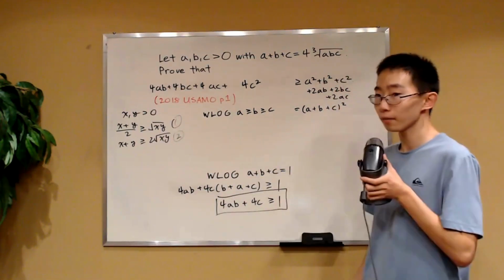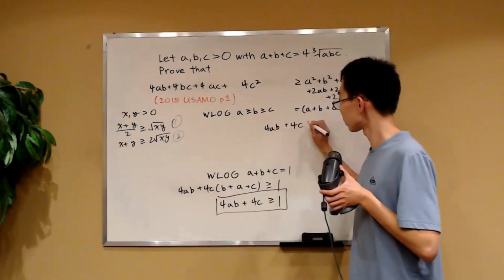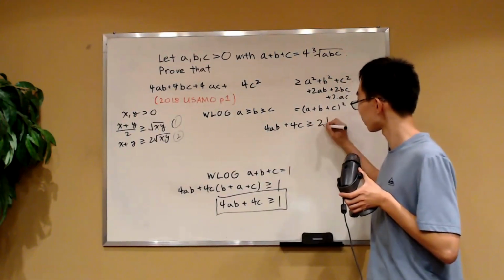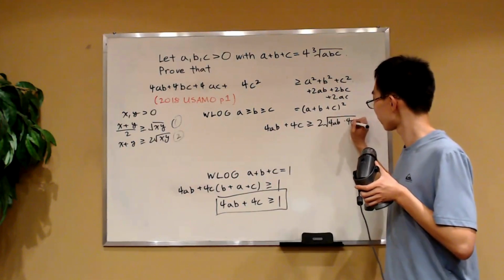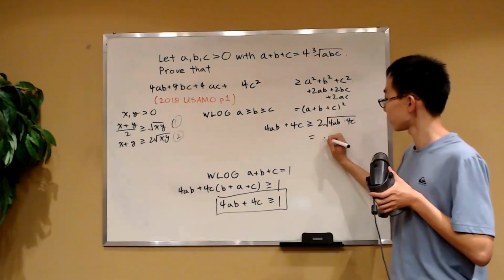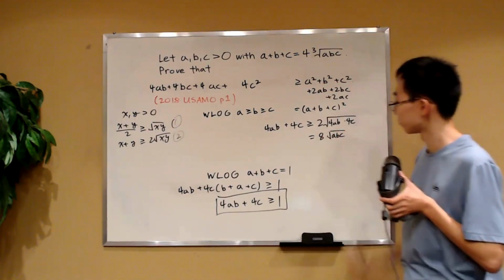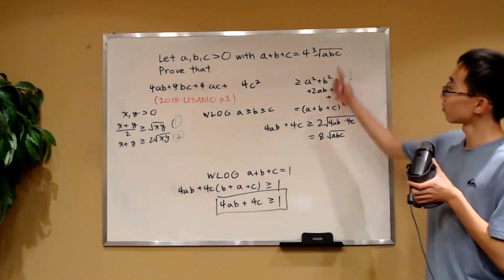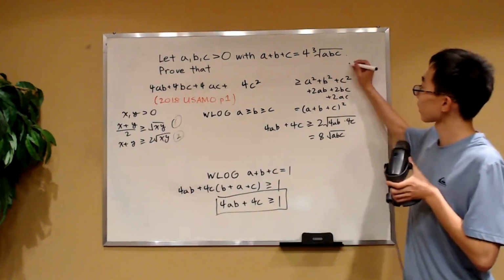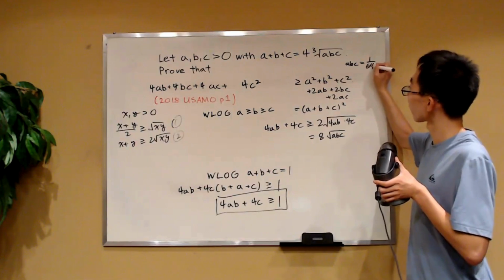Notice that by AM-GM, 4ab plus 4c is greater or equal to 2 times the square root of 4ab times 4c. This side would be equal to 8 times the square root of abc. And remember, we have a plus b plus c equal to 1. And from this equation, we can easily get that abc must be equal to 1 over 64, right?